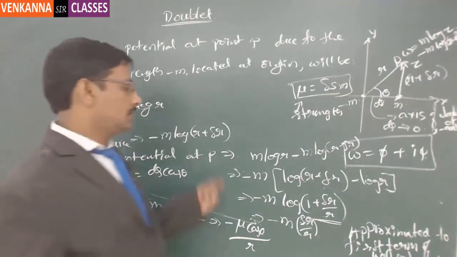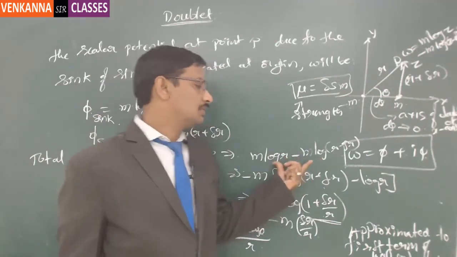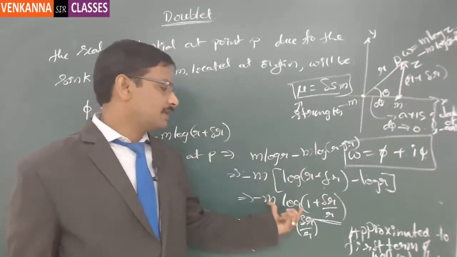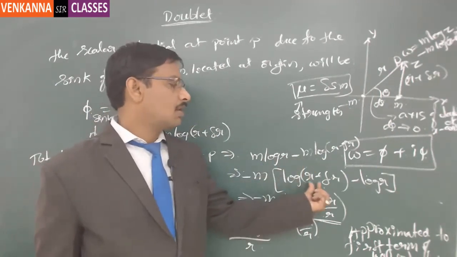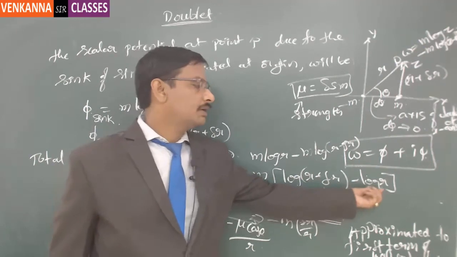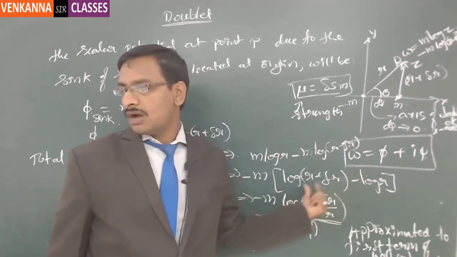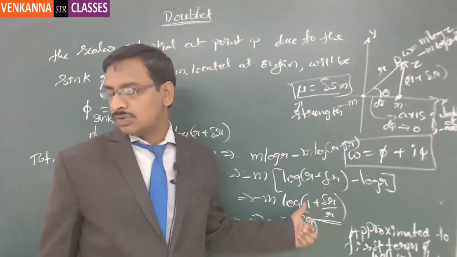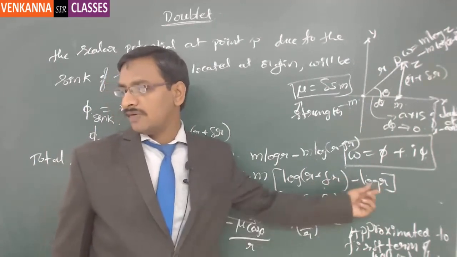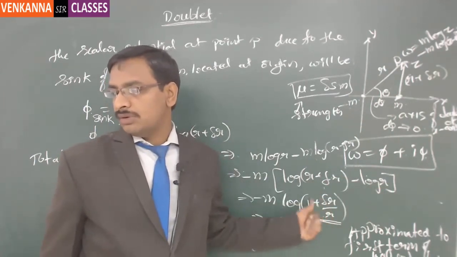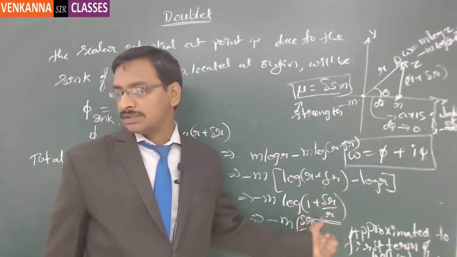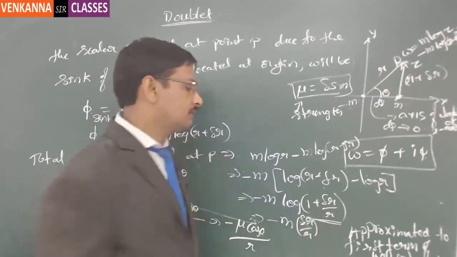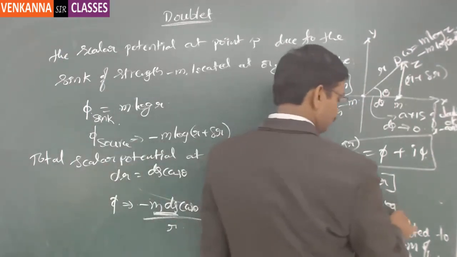Here, I hope you understood till this point. This is further simplified: minus m log of r plus delta r, and then minus log r. Log a minus log b will be log a by b. So we have r plus delta r divided by r, and r by r is 1, and delta r by r I kept as it is. This is like the log 1 plus x expansion.